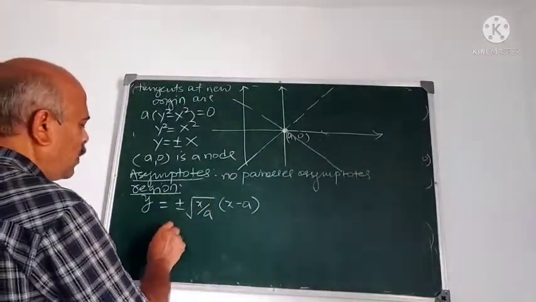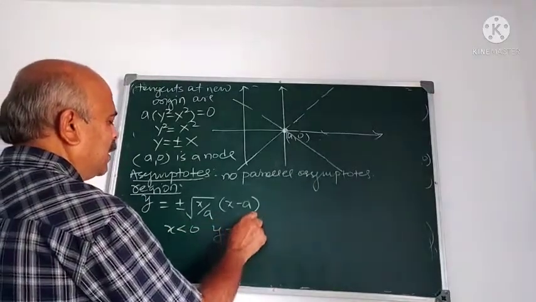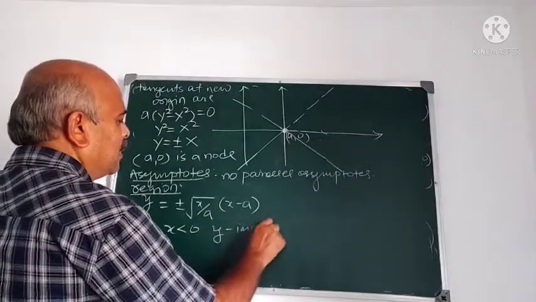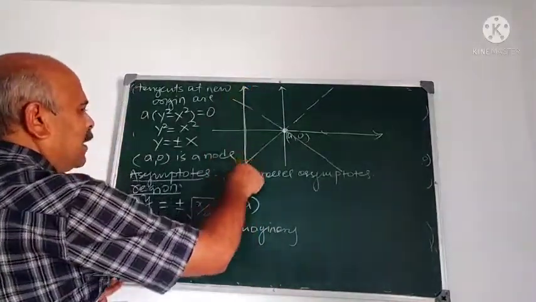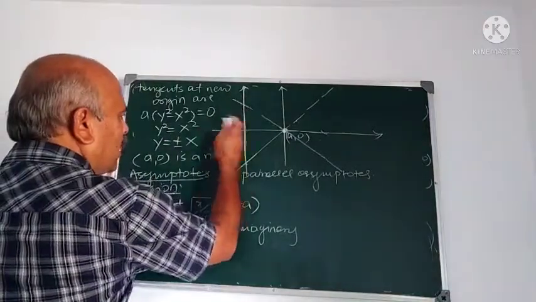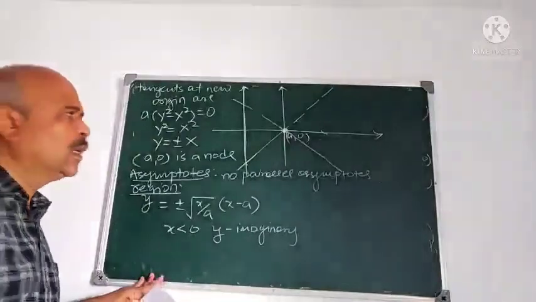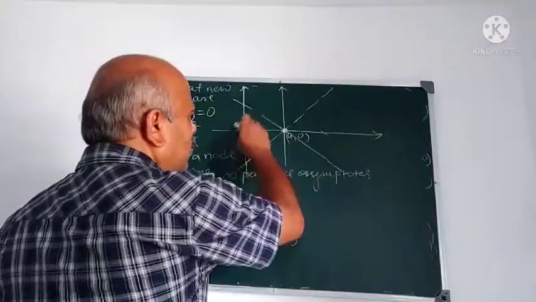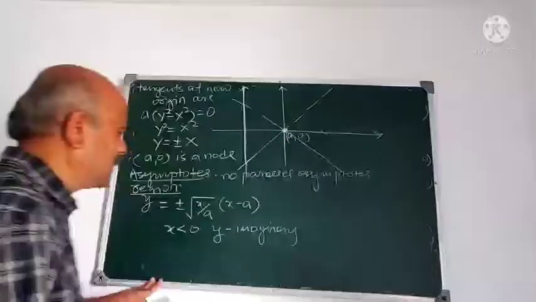Now, when x is less than 0, y becomes imaginary. That means, this is the y axis, and x less than 0 means left of the y axis. To the left of the y axis, no portion of the curve lies. The curve therefore entirely lies to the right side of the y axis.